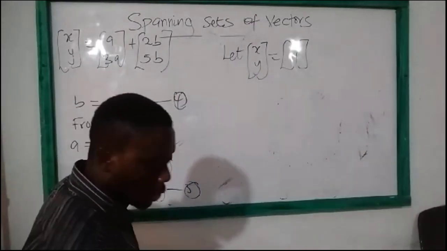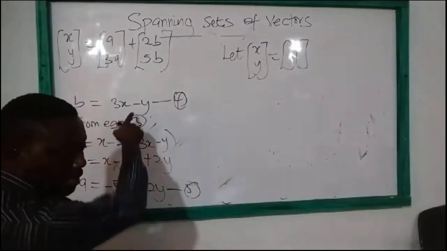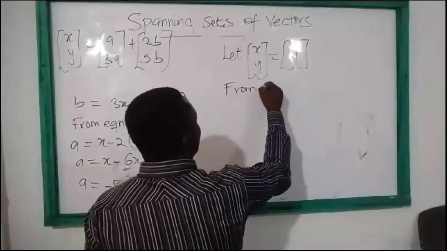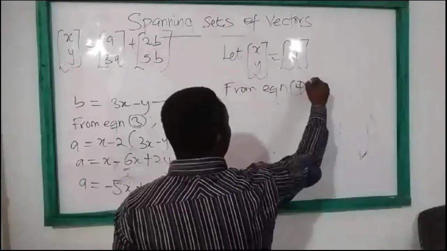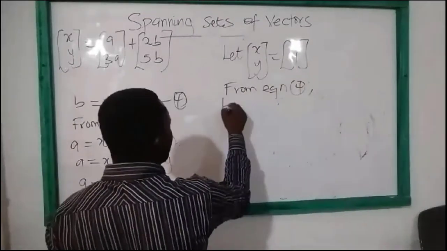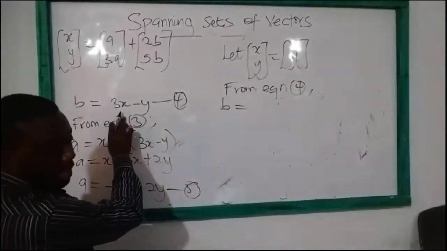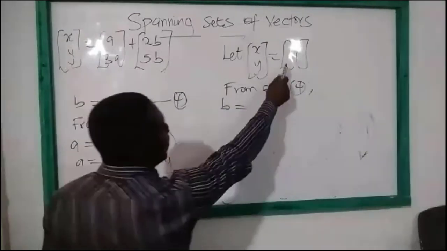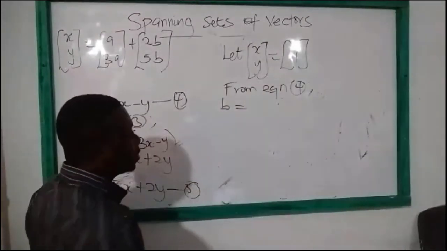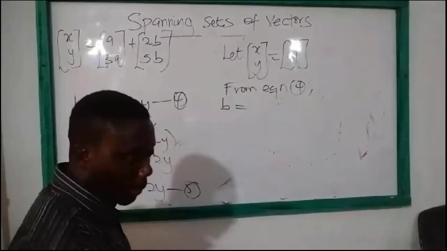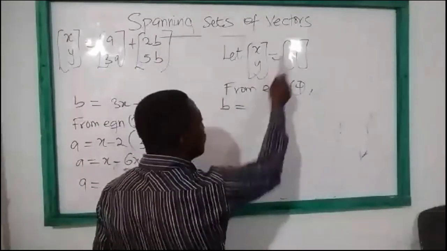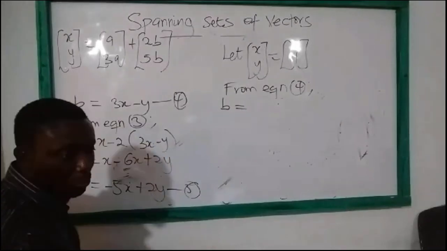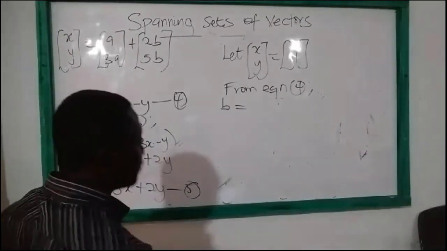So when I refer you to equation 4, I mean the expression for B. So from equation 4, we have B equals, as you can see, this represents our X, that is 0, and then our Y is 1, equality of vectors. If you apply equality of vectors, our X is 0, our Y is 1. We just substitute it into equation 4, which is an expression for B.